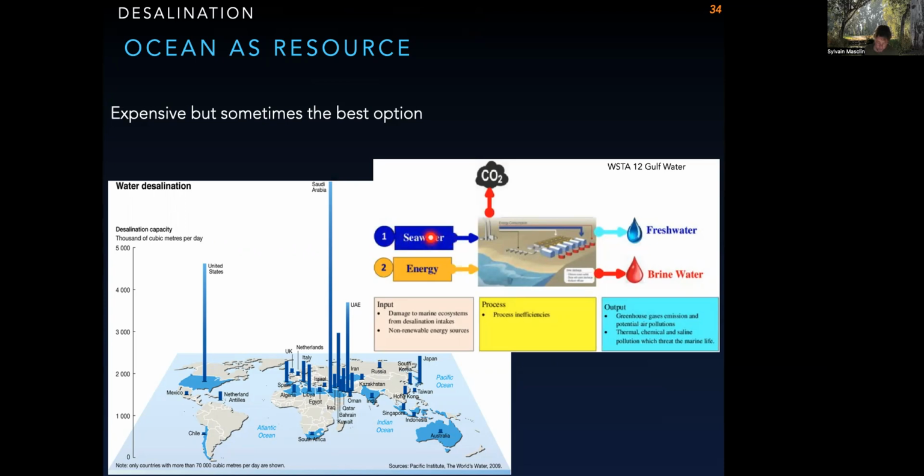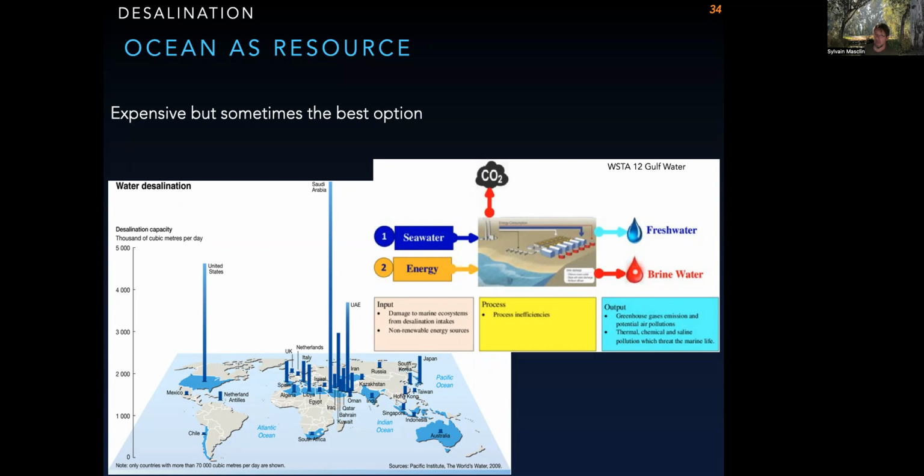We're taking the seawater, so let's say that you're taking 1 gallon of seawater, you will send it into your desalination plant, and you will get half of a gallon of fresh water. The other half is in fact what we call brine water. It's water very, very concentrated in salt, because the salt that you add to your seawater will be taken away from the fresh water, but it will be placed into the other brine water.